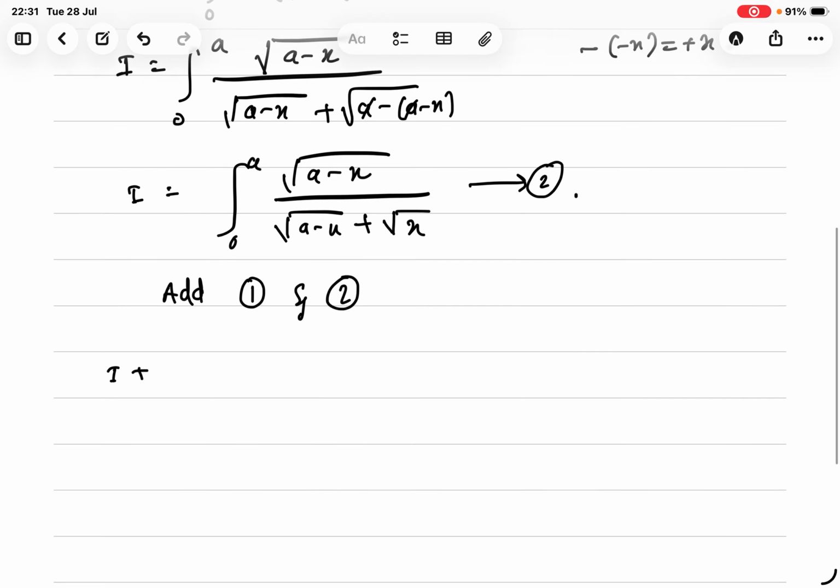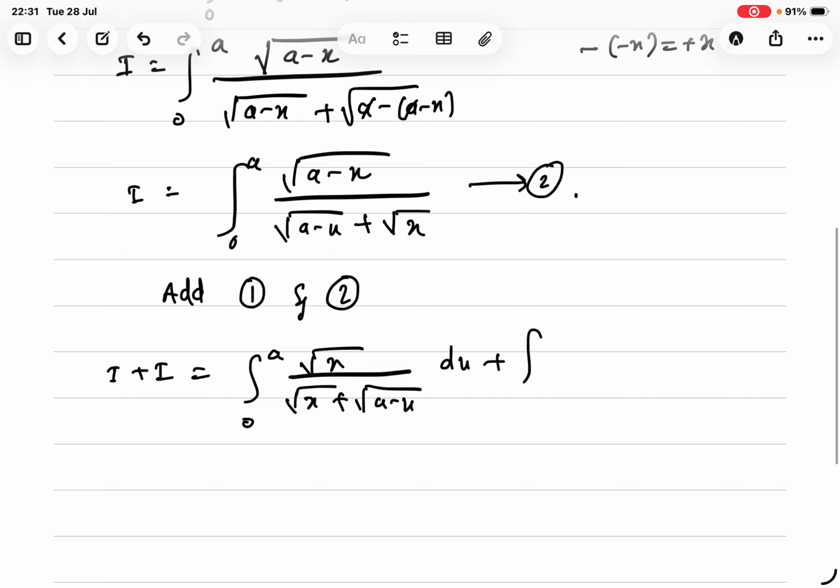So the left hand side I plus I is equal to the integral from 0 to a of root x divided by root x plus root a minus x with respect to x, plus the integral from 0 to a of root a minus x divided by root a minus x plus root x with respect to x. Now the ranges 0 to a are the same, and the denominator is also the same.